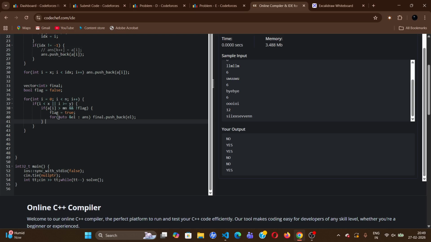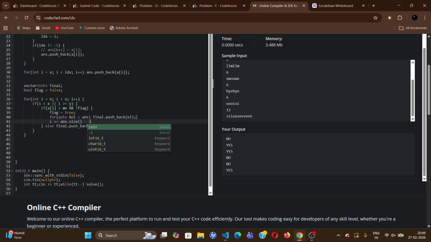Now else, final dot pushback. Final dot pushback.